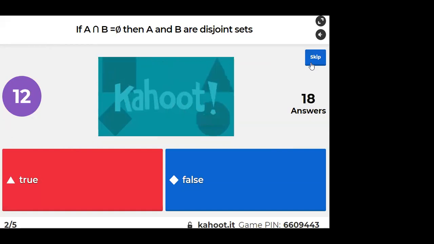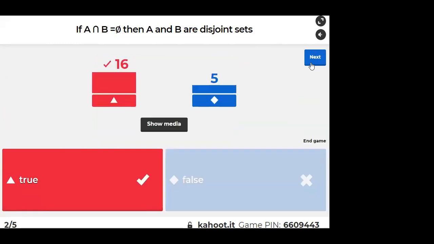This is theory. You can make a guess, but this is theory. This is a fact: yes, it is true. Disjoint means no elements are the same. That is theory. You can write it down.